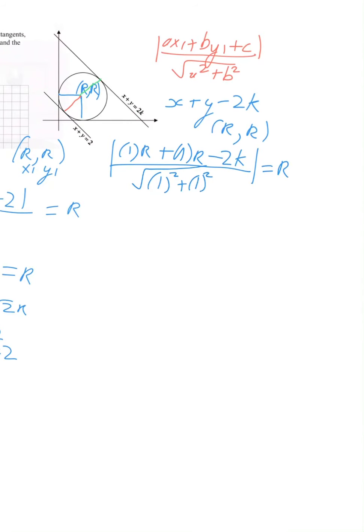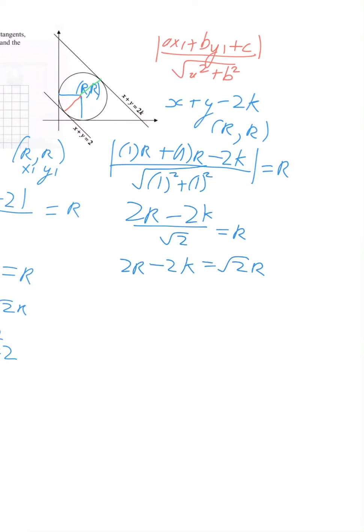So working this out, we'll have 2r minus 2k over root 2 is equal to r. So then 2r minus 2k is equal to root 2 r.